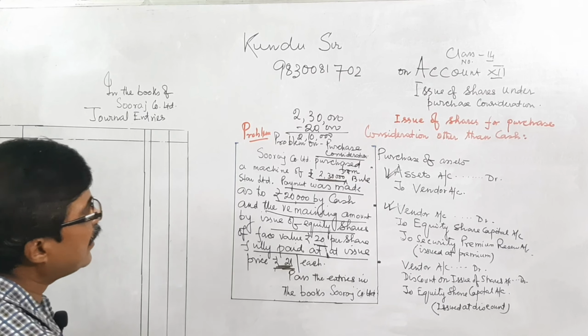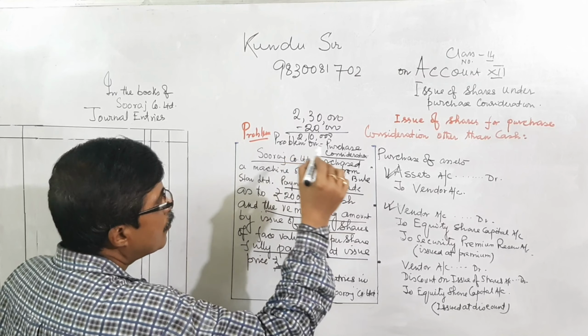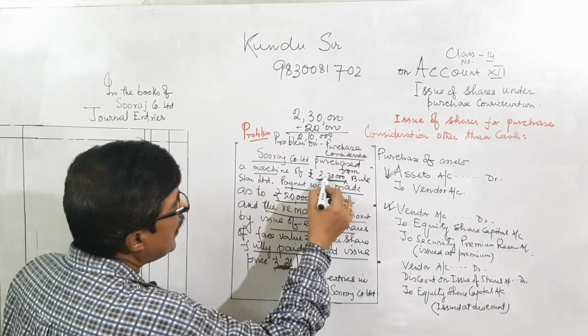So it is clear the company, Sarosh Company Limited, is purchasing from Blue Star Company a machine of rupees 2,30,000.